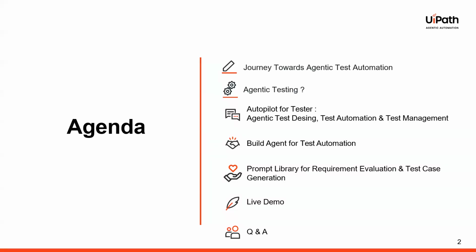Then we will explore the prompt library that supports requirement evaluation and test case automation. After that, we can cover the concepts. We will jump into the live demo, and finally, we will wrap up with question and answers.